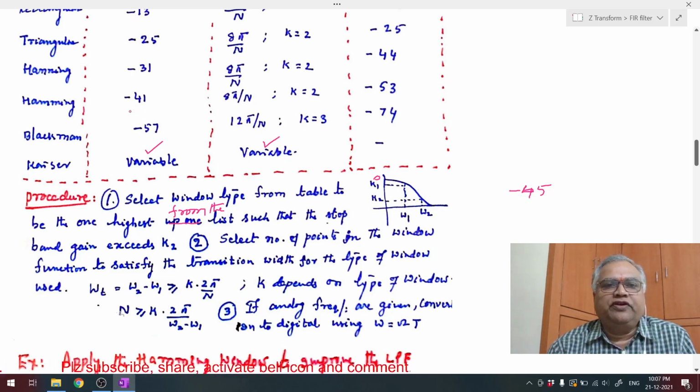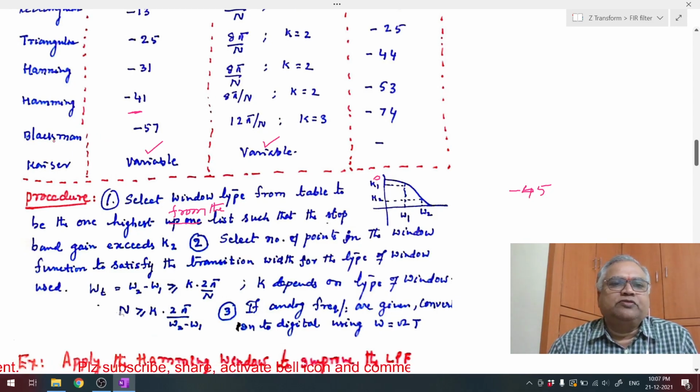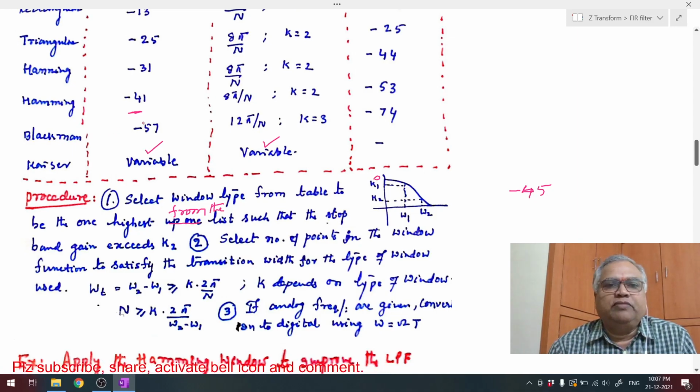So -45 is coming in this range. If you select a Hamming window giving -41, but what is the minimum we want? -45. That is possible only with the help of the Blackman window. So depending on the specification, you have to take one higher.